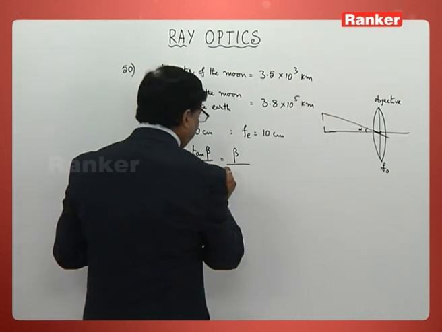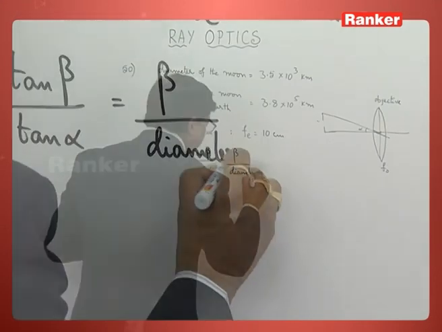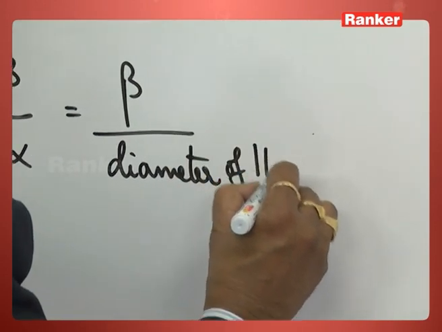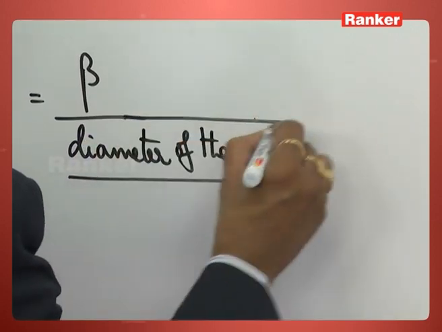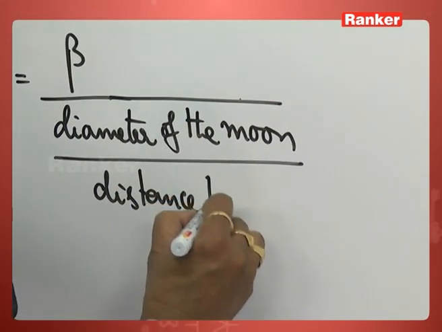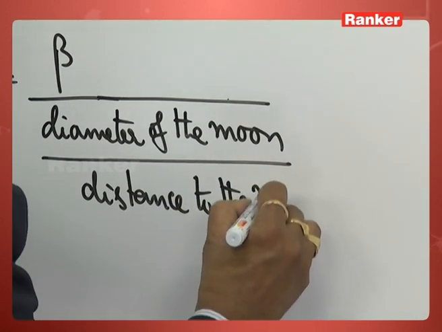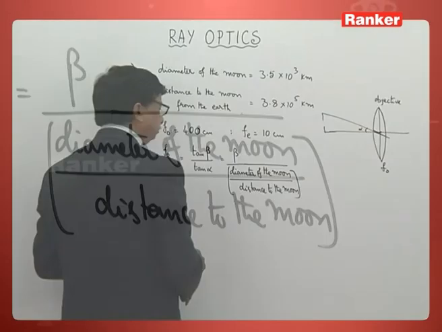Therefore, I can write tan alpha as the diameter of the moon divided by the distance to the moon. Observe this concept carefully.